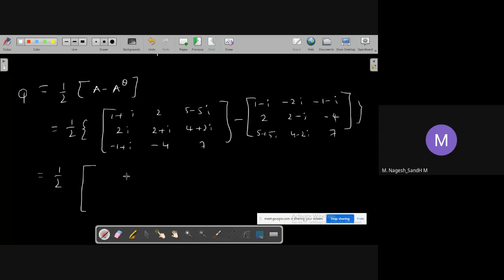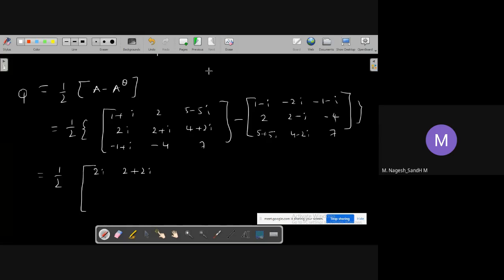This subtraction, it is better you do in the rough work. 1 plus i minus of 1 minus i, what is the value? 2i. Very good. Next, 2 minus of minus 2i, so 2 plus 2i, very good. Next, you take a little time but don't make mistakes.